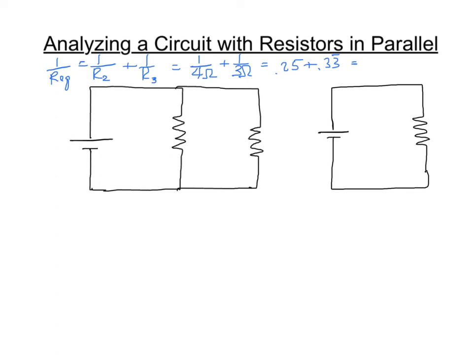We'll just say 0.58, but that's equal to 1 over the equivalent resistance, right?